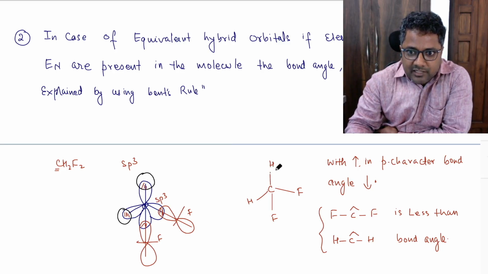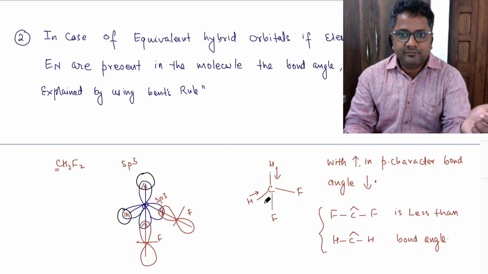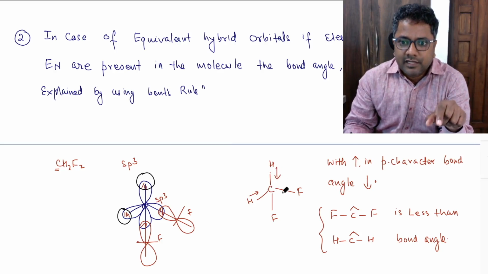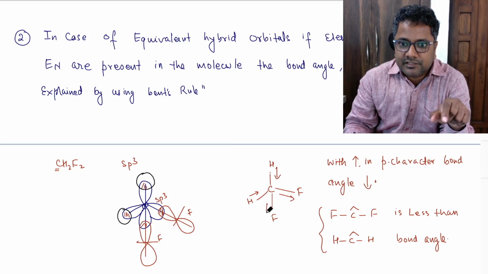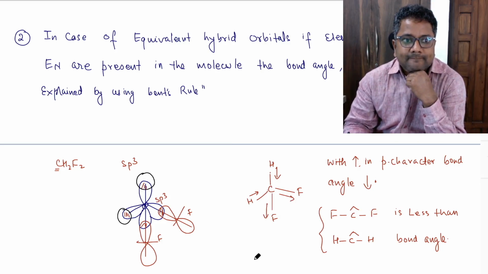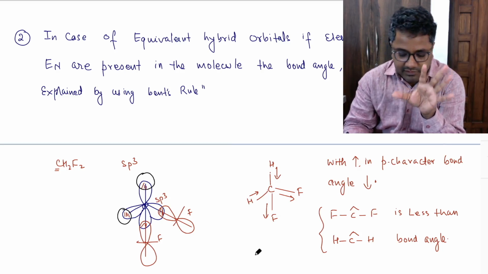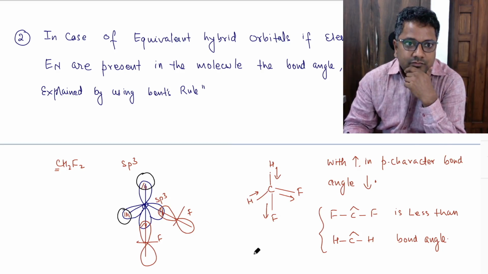So this bond becomes shortened. These bonds become shortened, meaning if you compare with CH4, this will be shortened and this will be enlarged, meaning its length increases, right? So this you can explain on the basis of Bent's rule.